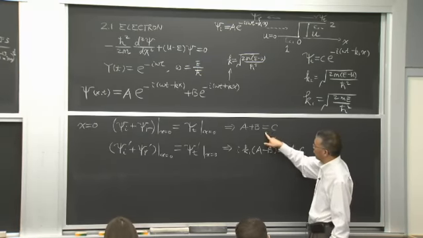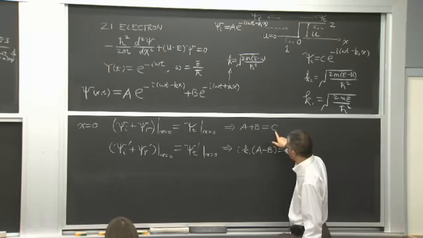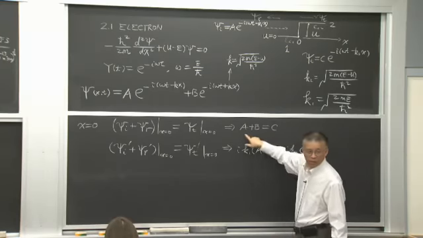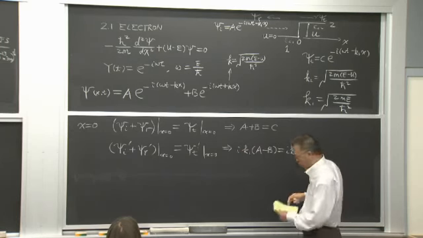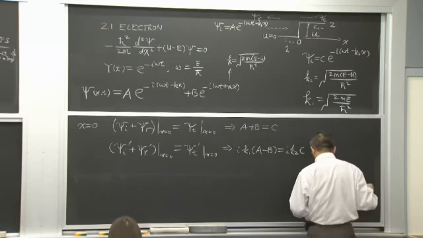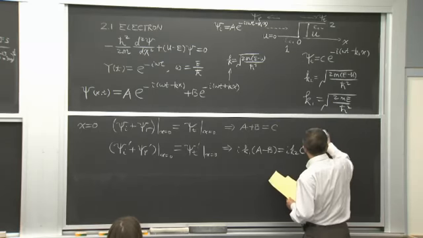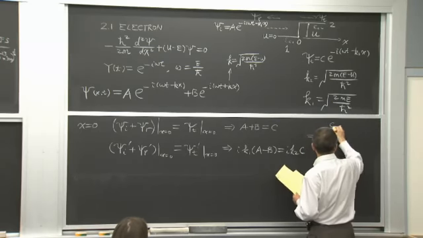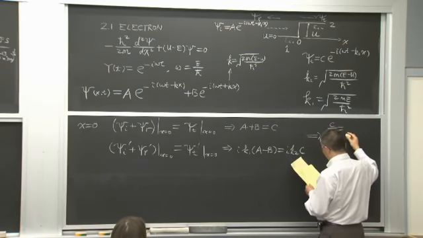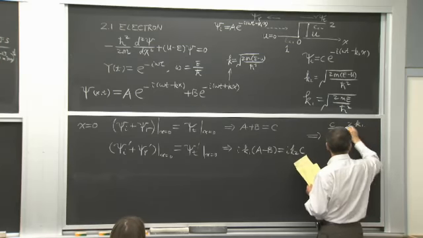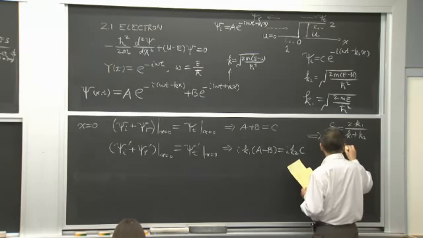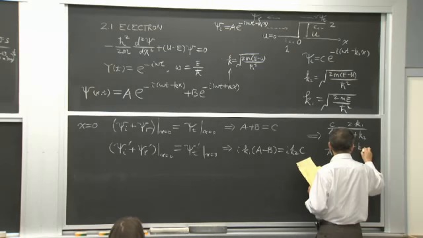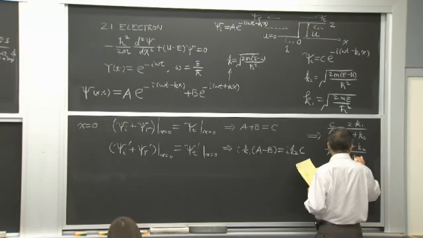I want to find the ratios, because transmission is C over A and reflection is B over A. I have two equations, so I can find those ratios. Based on this, C over A is 2k1 over k1 plus k2, and B over A is k1 minus k2 over k1 plus k2.